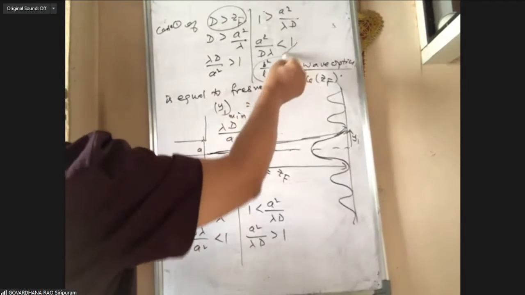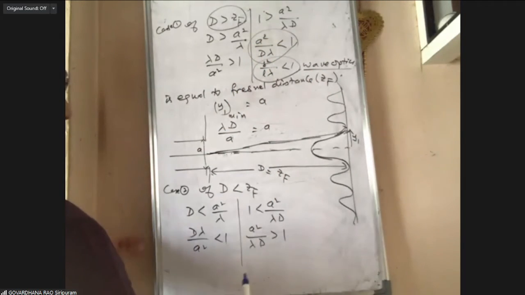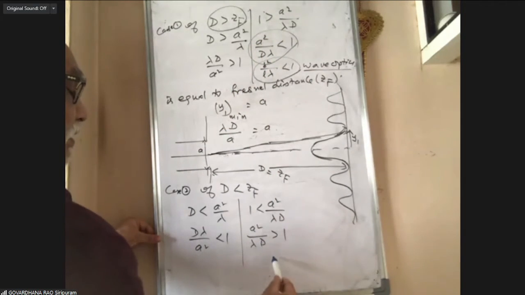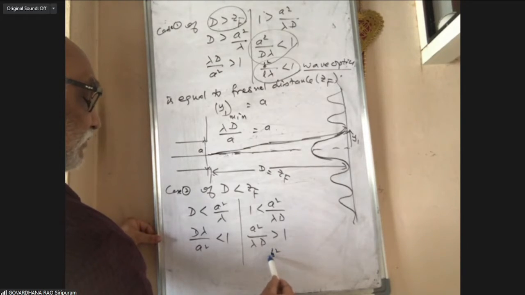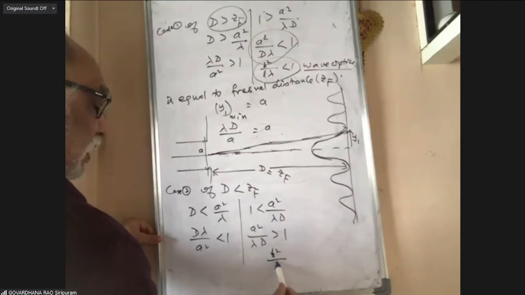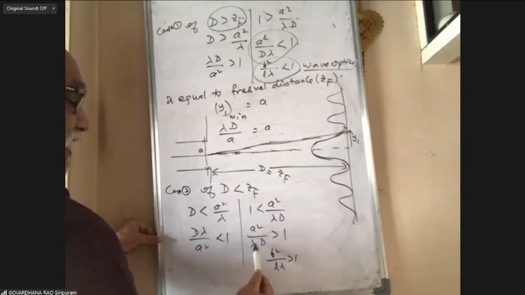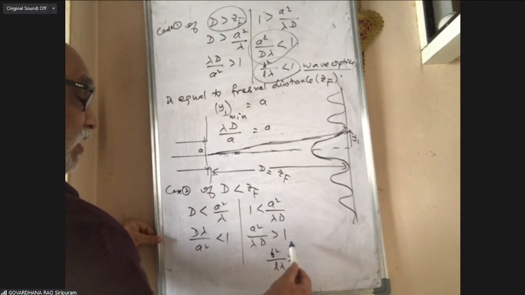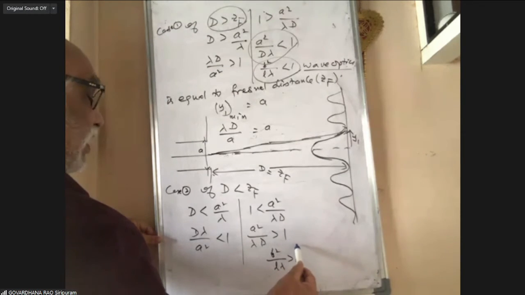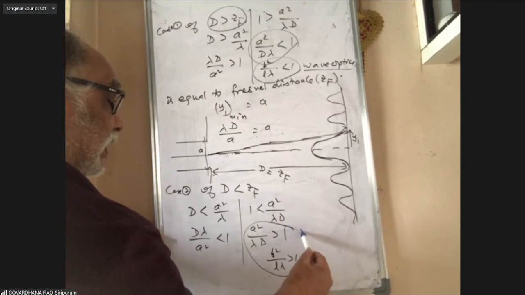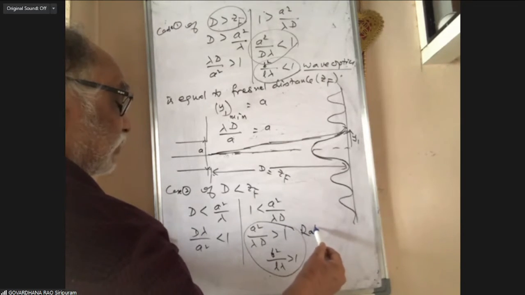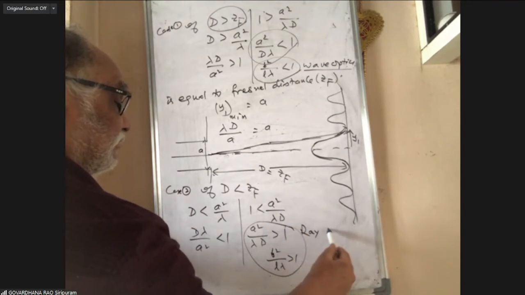Now this is less than 1, this is greater than 1. Whenever a square by D lambda, that is nothing but b square by L lambda, is greater than 1, what is this optics? Ray optics.